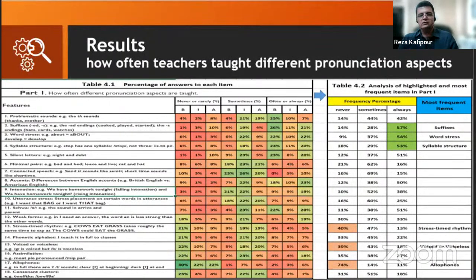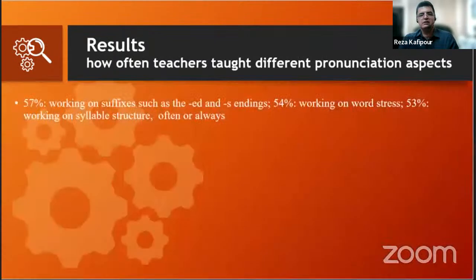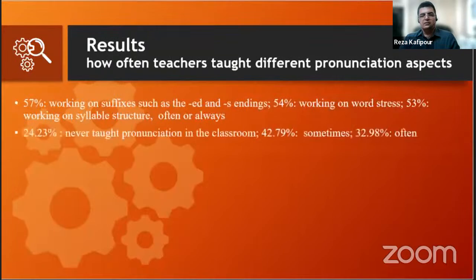So if I want to summarize the findings in this table, it can be concluded that around 57% of the participants work on suffixes such as ed and s endings. 54% work on word stress. 53% work on syllable structure, and all of them mentioned often or always.